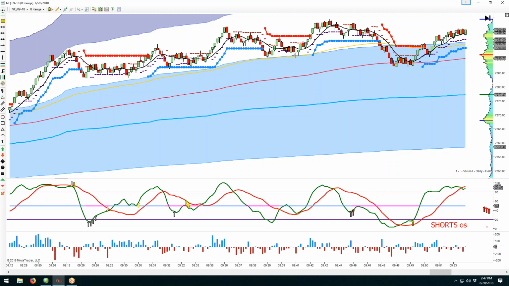Pull back and hold, pull back and hold. Here it didn't hold, but once it tried to break down and failed and came back above it, you have to view this as a failed breakdown attempt because it's right back where it started from.